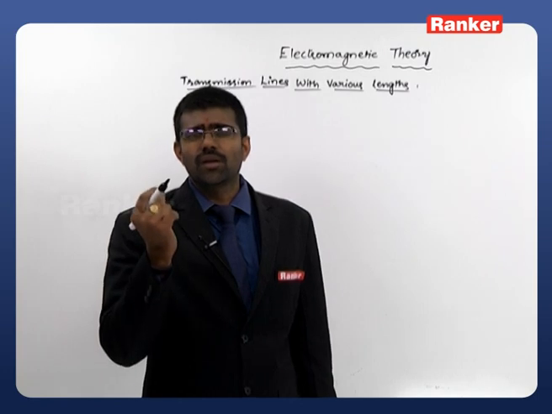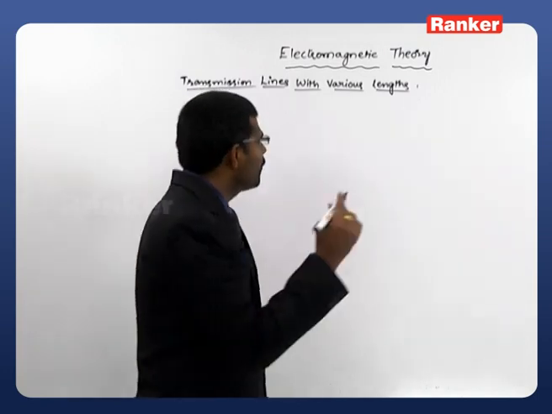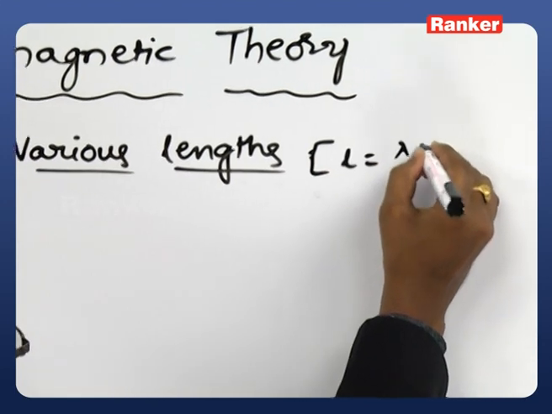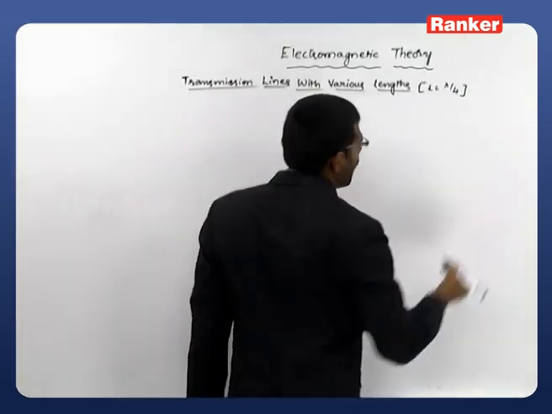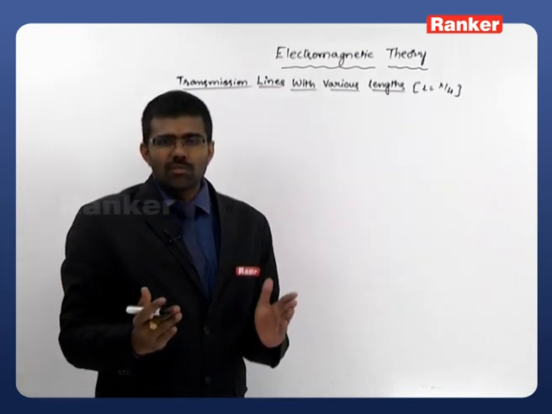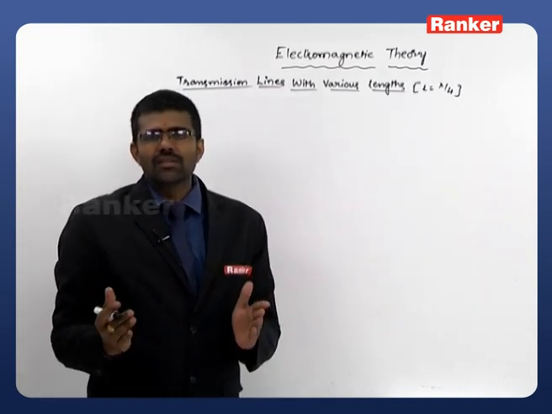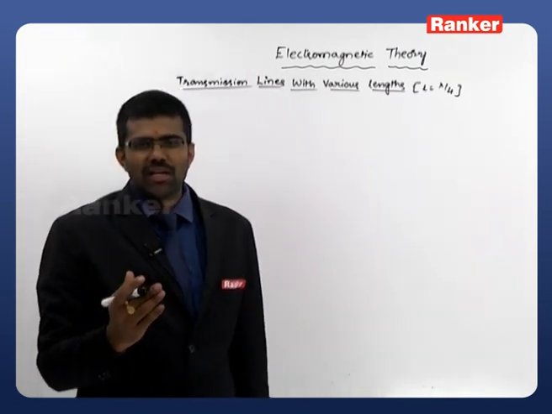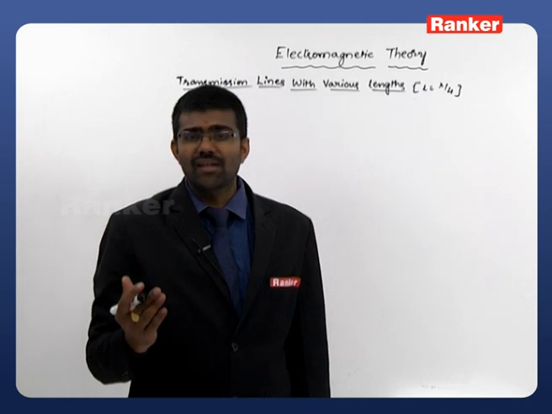We will start with a particular length, lambda by 4. So here I will consider the length of the transmission line as lambda by 4. Always remember that the transmission line length is described in terms of lambda: a lambda by 4 transmission line, a lambda by 2 transmission line, a lambda by 8 transmission line.